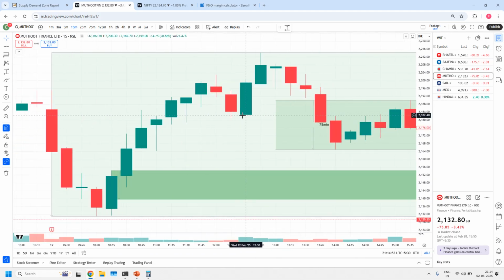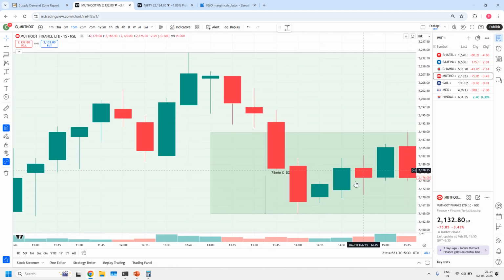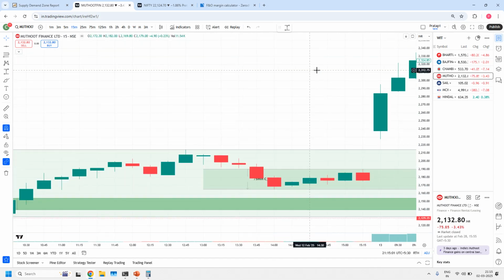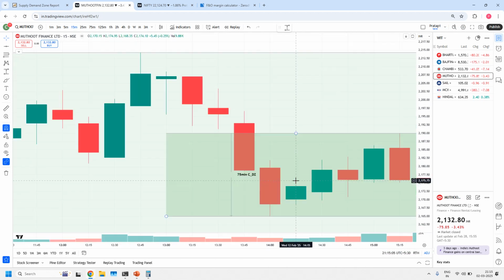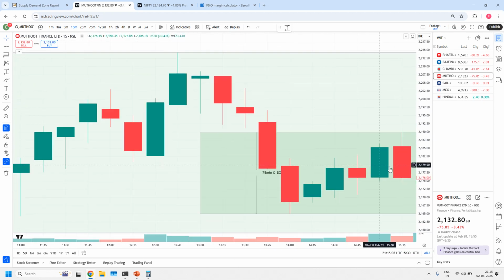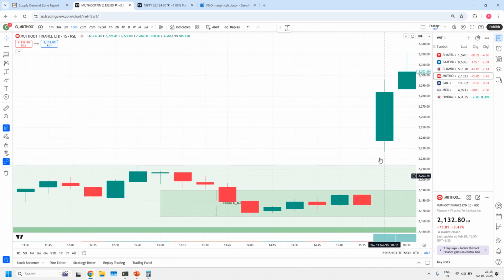Now you look into these candles. A rally candle, a drop candle. This is a big drop candle. After the drop, there is again a rally candle with a hidden body. So this is a big candle, drop. After that, again a rally. If you see, all these look like base candles. Even if you count all these as base, 1, 2, 3, 4, 5, 6, 7, 8, 9, so many.